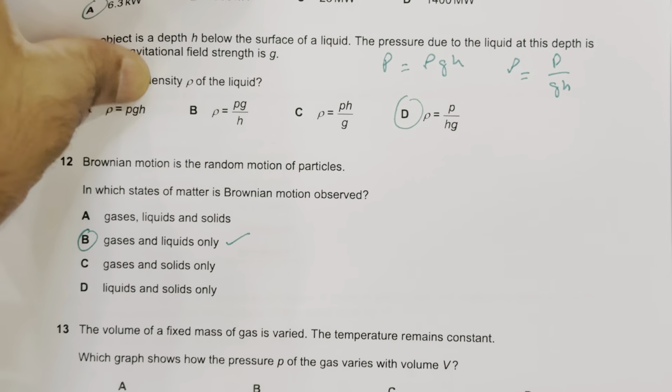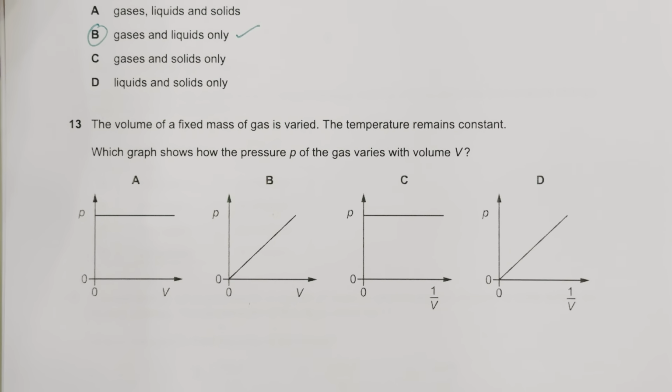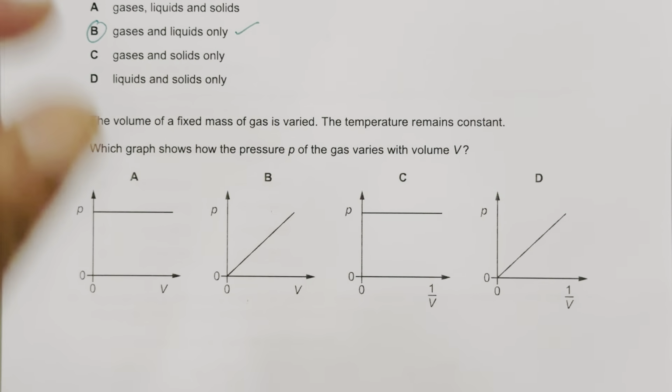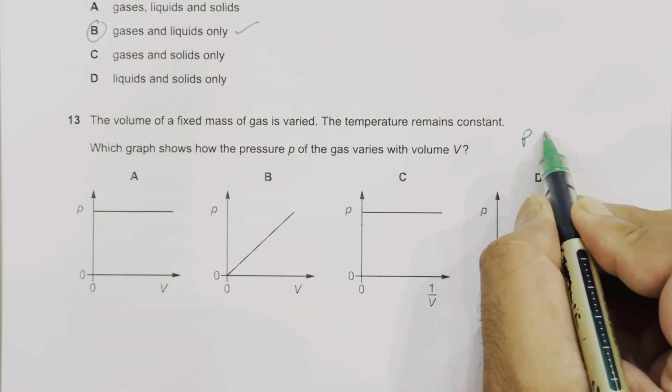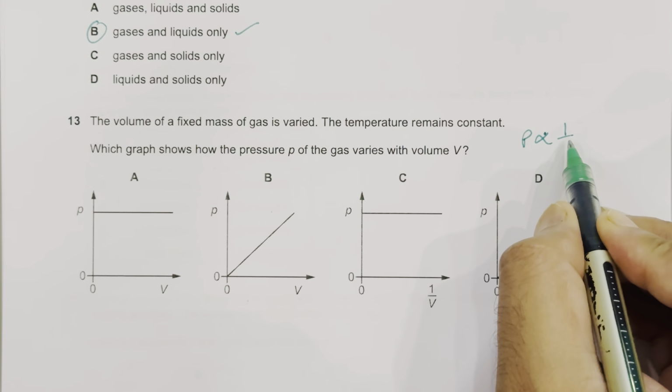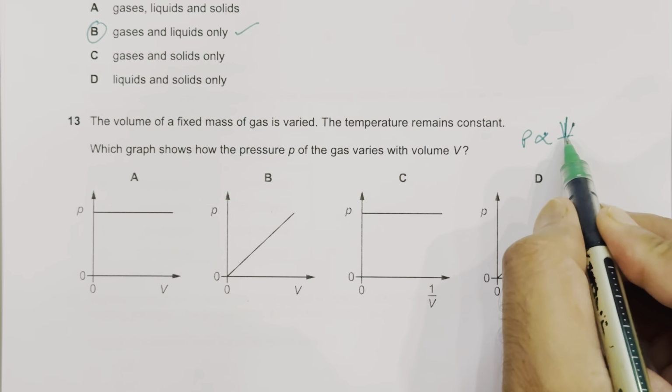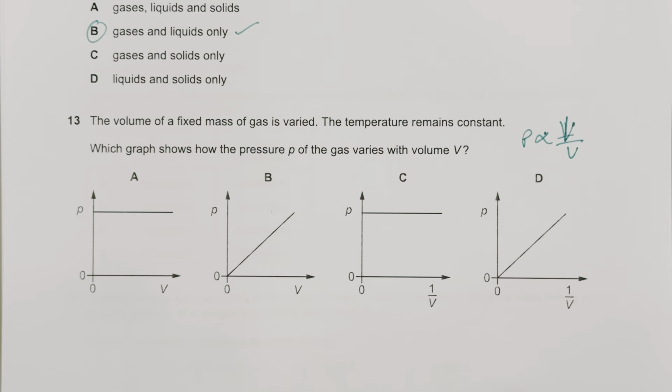Moving to question number 13. The volume of a fixed mass of a gas is varied. The temperature remains constant. Which graph shows how the pressure P of the gas varies with the volume V? We know that pressure and volume have an inverse relation, 1 over V. So pressure is inversely proportional.